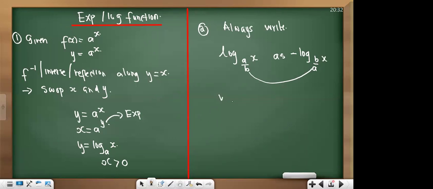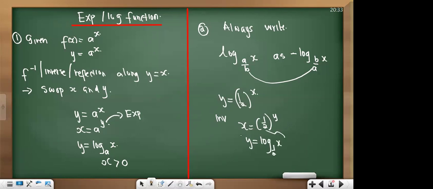So if I have y equals 1 over 2 to the power of x, for the inverse you just interchange, that will be x equals 1 over 2 to the power of y. Therefore, y equals log 1 over 2 of x.